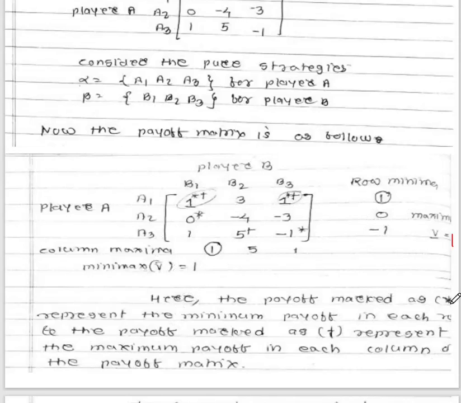So if you observe here, maximin equals 1 and minimax equals 1. Star represents the minimum payoff of each row, and plus represents the maximum payoff in each column in this given payoff matrix.